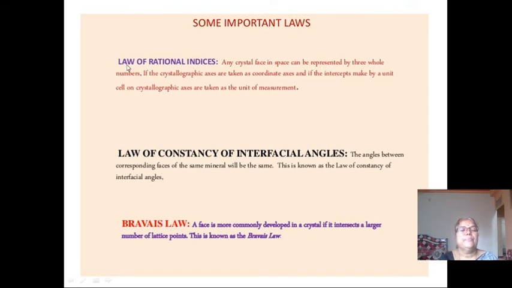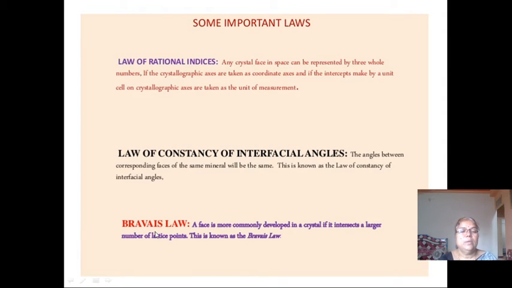In short, the law of rational indices is nothing but a way to express the position of the plane of the crystal. That is the law of rational indices.